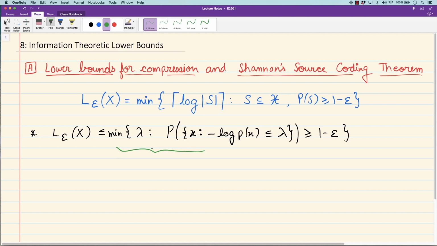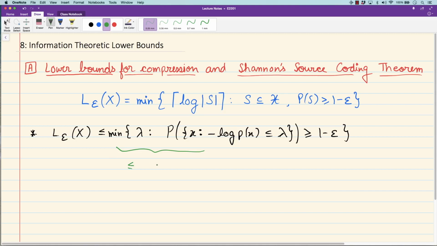We said that one good estimate for such a lambda, for which this bound holds with large probability, can be obtained using Chebyshev's inequality.